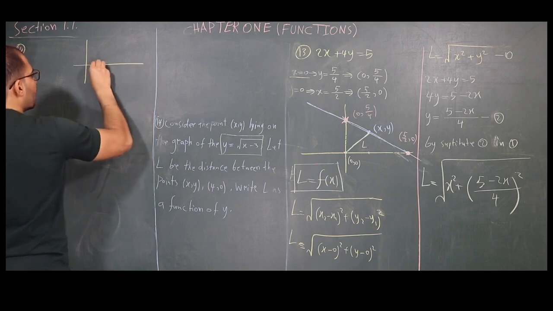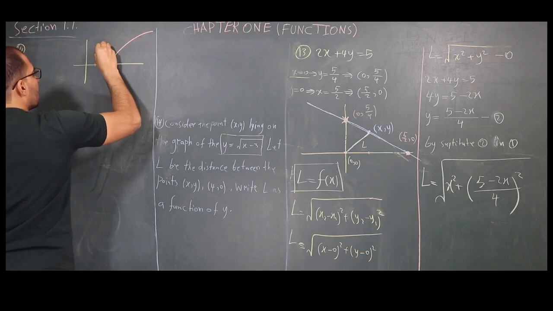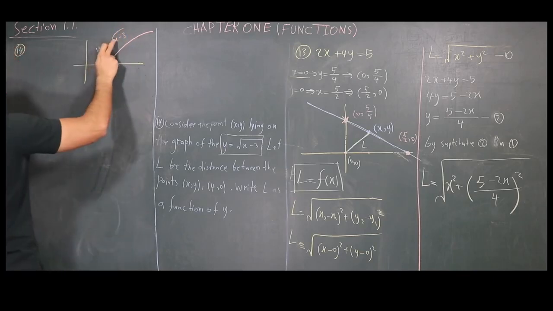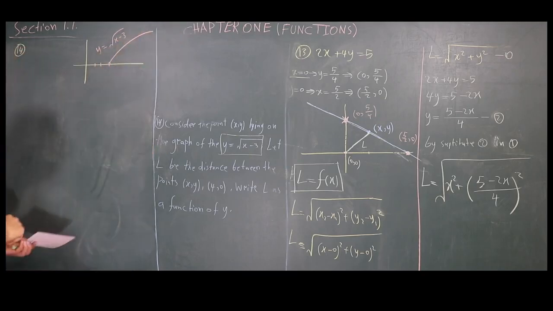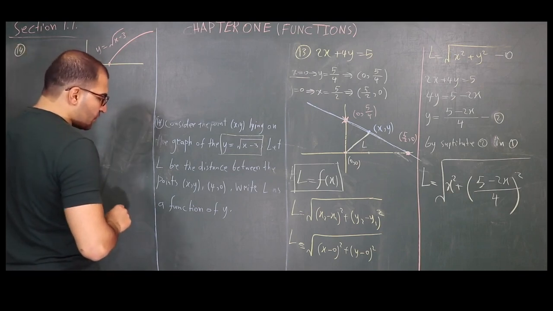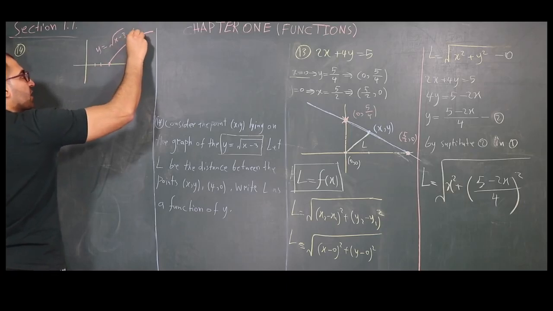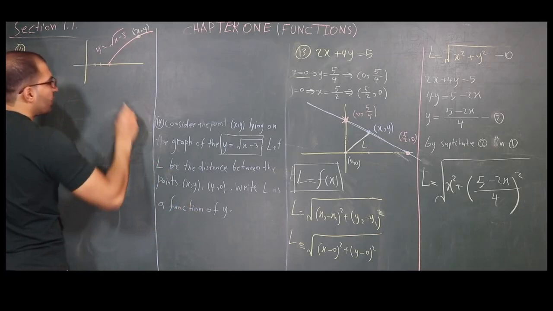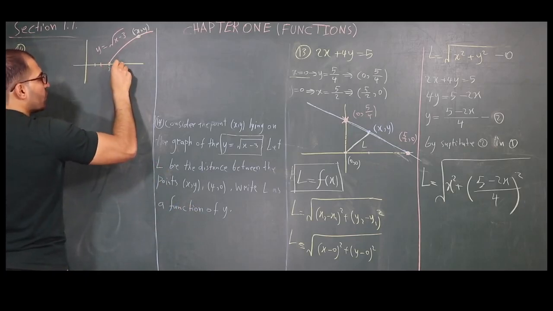It should start from 3, because when you substitute 3, the result will be 0, and then it will increase from other points. We have the point (x, y) on the graph, here. And we have (4, 0), which will be here, because this is 3, then 4, 0.